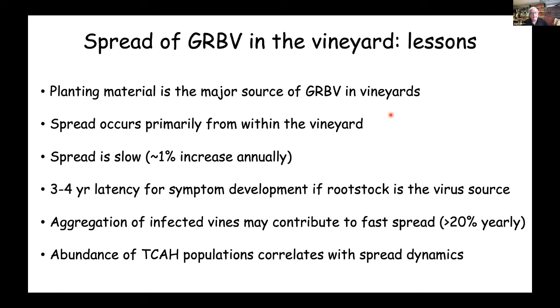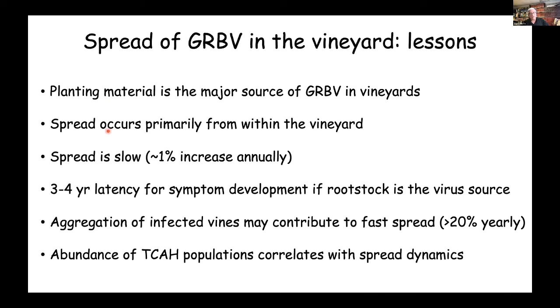And I think there are some lessons, and you might have experienced similar situations in your estates. To me, the planting material is by far the major source of red blotch in vineyards. And it remains by far, as we speak today, the major source of the virus in vineyards.